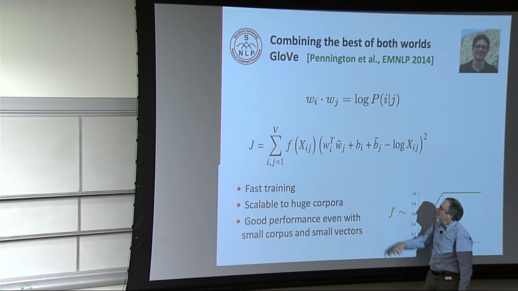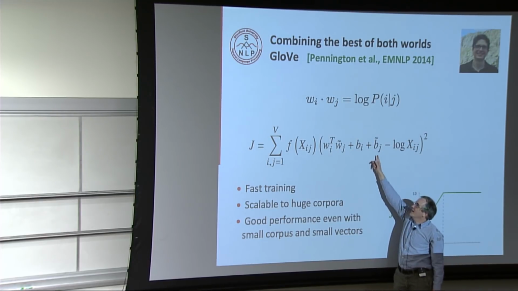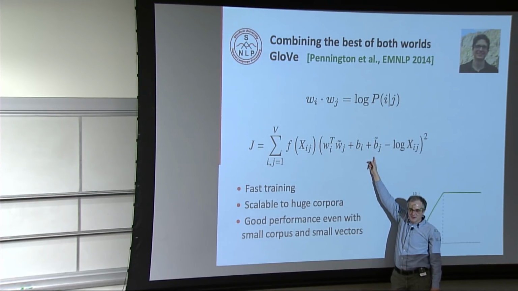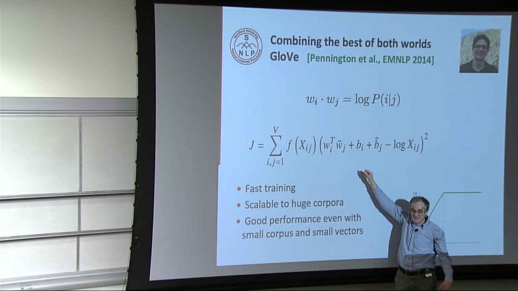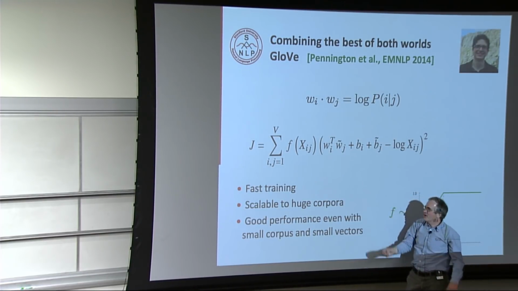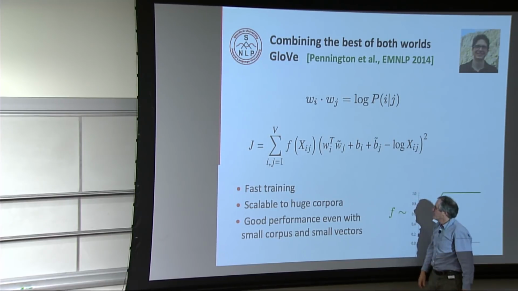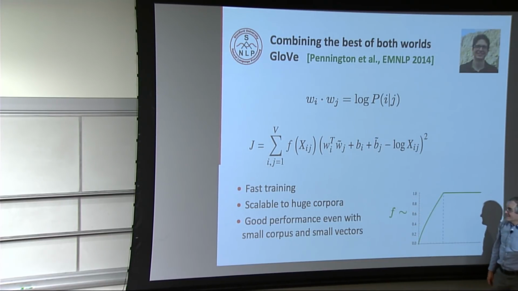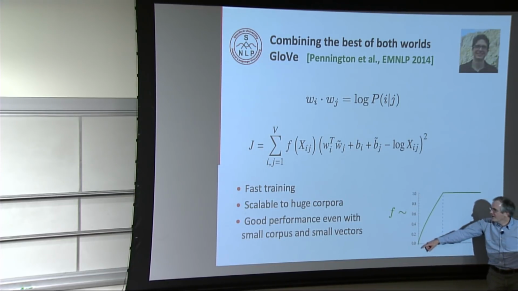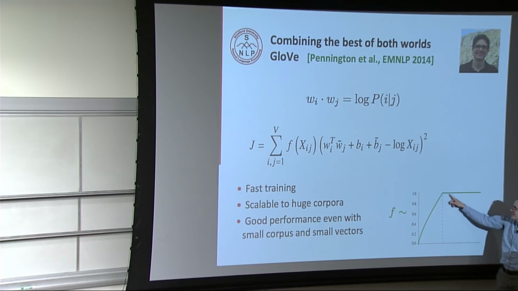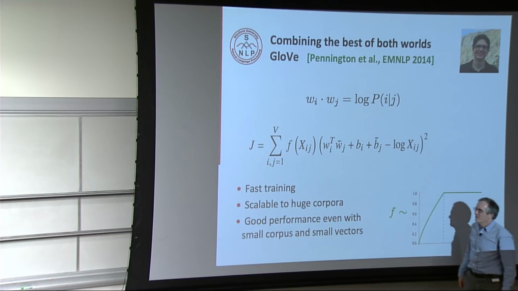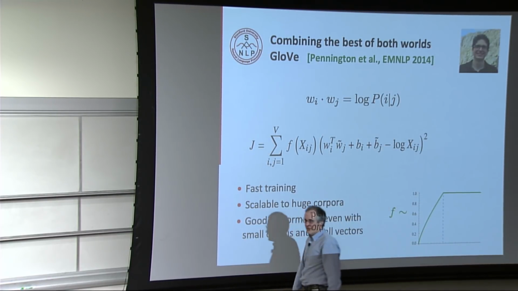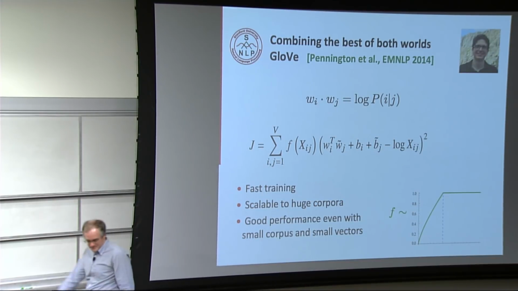We complexify it a little by putting in bias terms for both of the two words, because maybe the word is just overall common and likes to co-occur with things, or is uncommon and doesn't. Then one more trick, because everyone does tricks to make performance better: we also use this f function in front so that we're capping the effect that very common word pairs can have on the performance of the system.